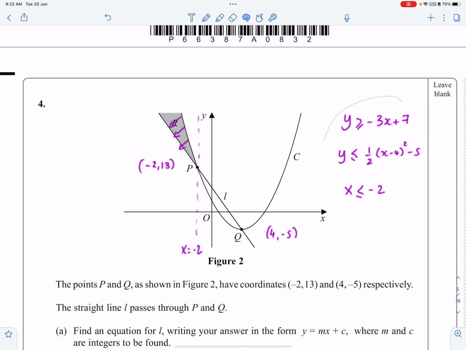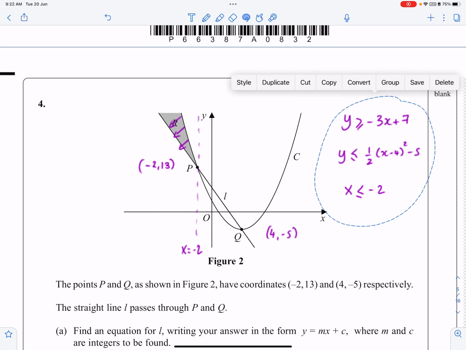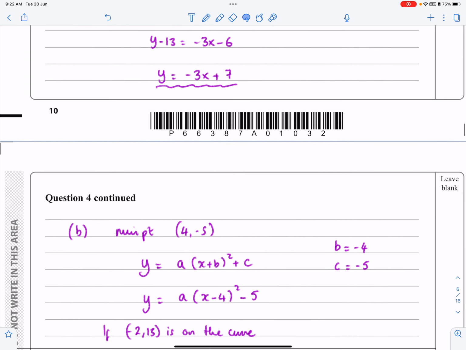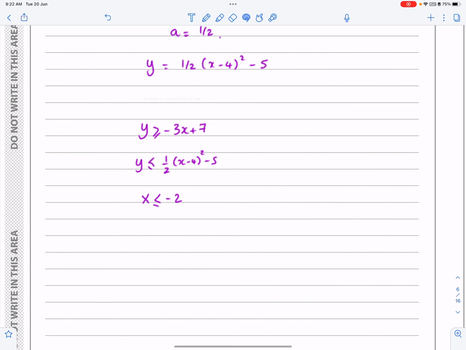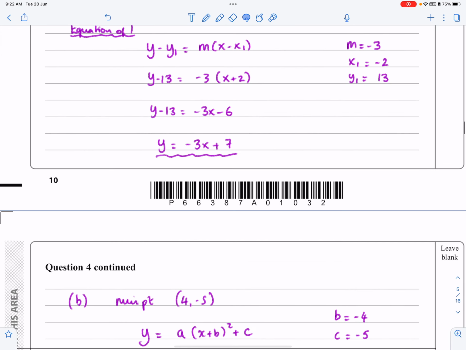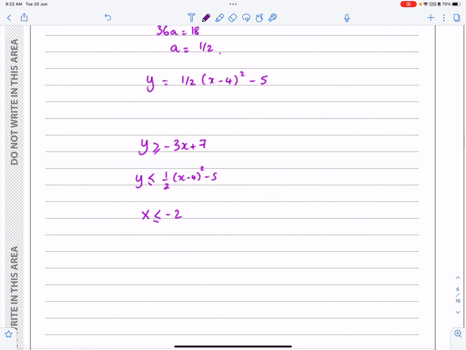So those three parts are going to be the answer to the last part, which is part C. We've got to have greater than the linear, less than the quadratic, and less than the minus 2 there. Okay, hopefully that makes sense.